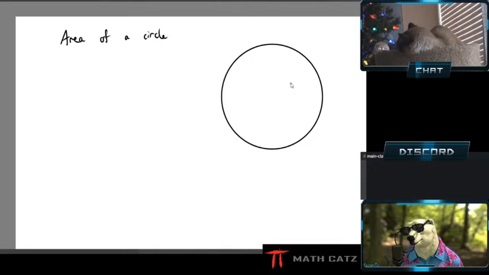There's the center, and I have the radius r. Area of a circle with radius r. We all should know the formula, but the question is, where does that formula come from? It's one thing to just memorize these things.